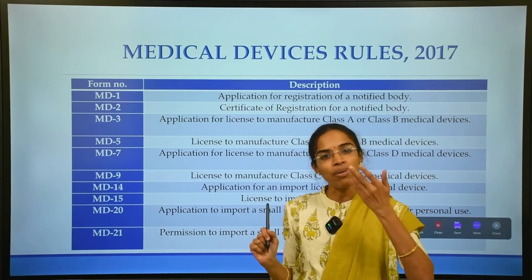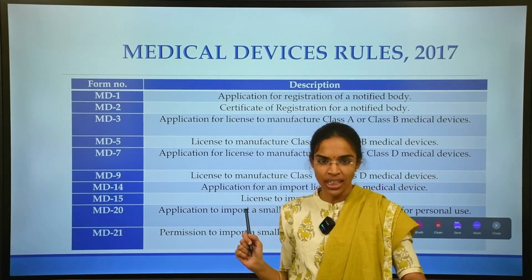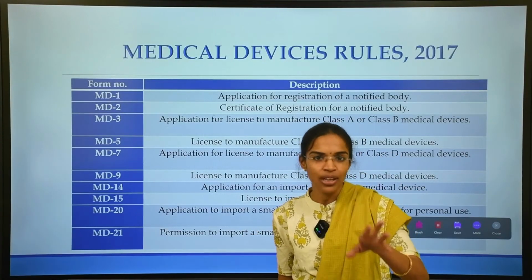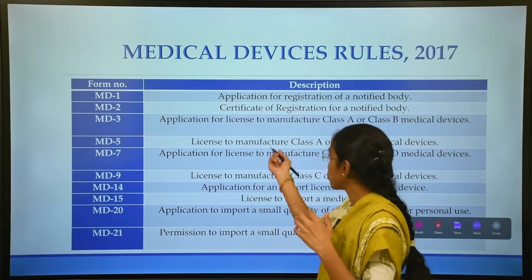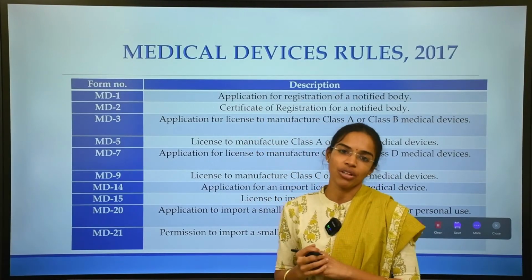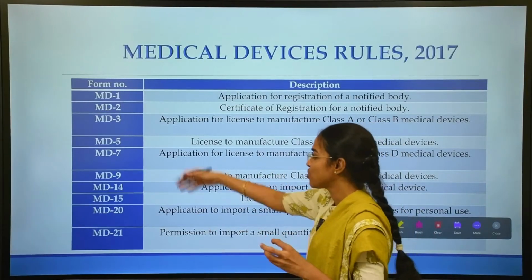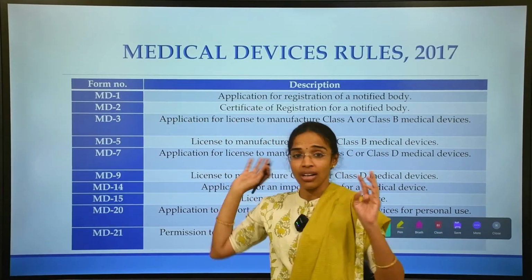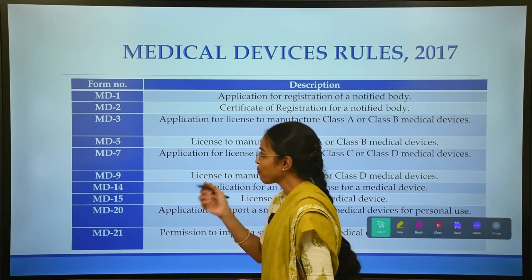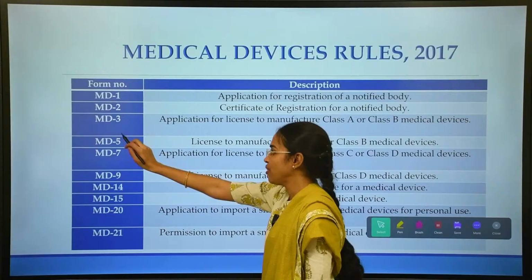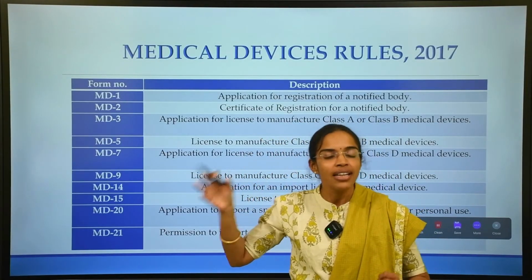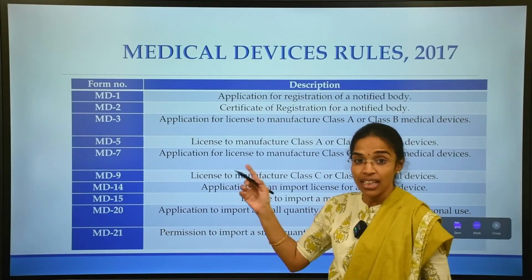One deals with the application for registration to the notified body and 2 is about the grant of license, that is, the certificate of registration to the notified body. In the same way, we have so many forms, 40 forms, as we have discussed. And forms 3 to 5 are related to the risk classification system again. 3, 5, 7 and 9.